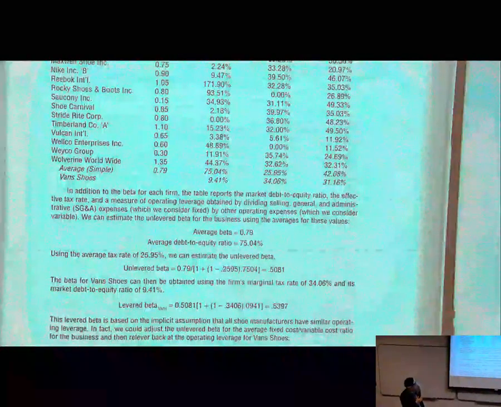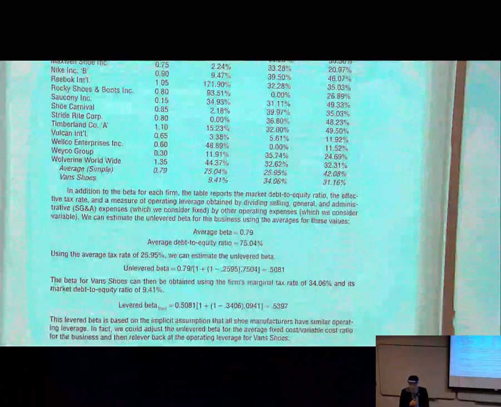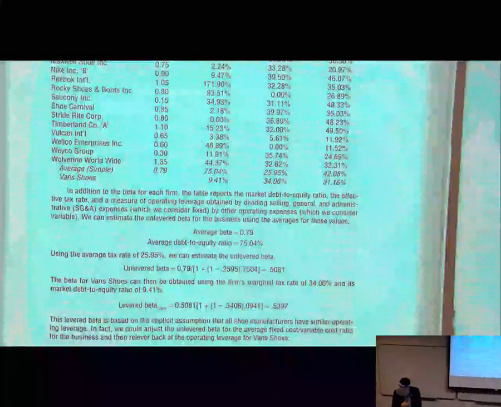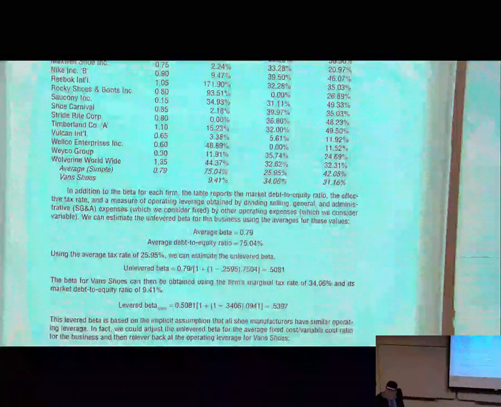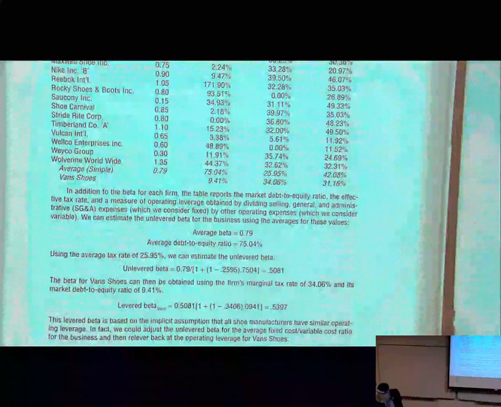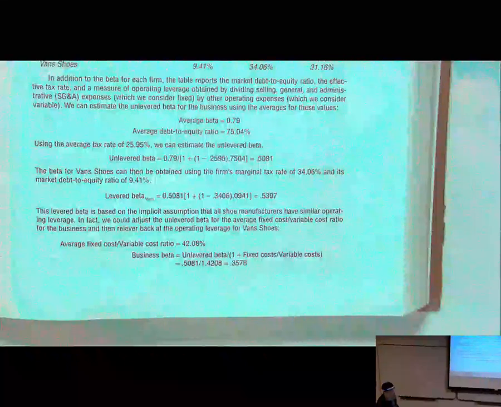Van Shoes may have different operating leverage than the industry, with 31.16% as the ratio of fixed cost divided by variable cost. So this levered beta is not great because it is based on the assumption that all manufacturers of shoes have similar operating leverage, but that's not the case.